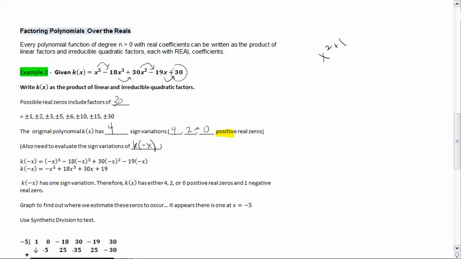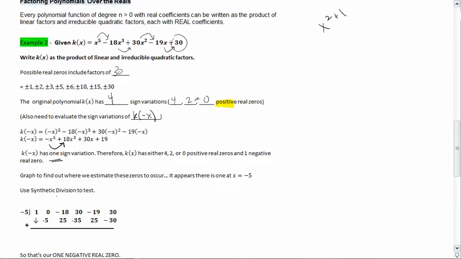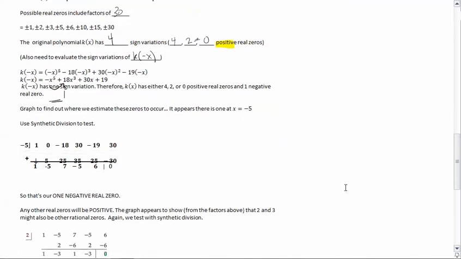We move from negative to positive, and that's it. So k of negative x has only one sign variation. Therefore, k of x has either 4, 2, or 0 positive real zeros, and for sure 1 negative real zero.